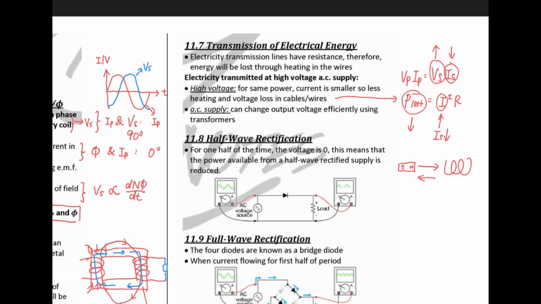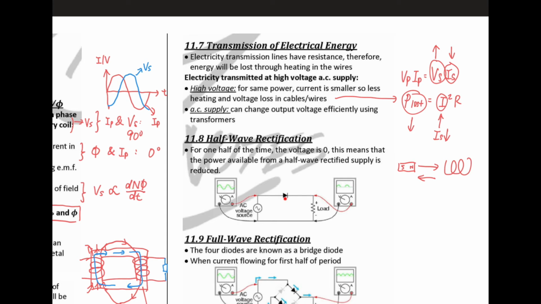Okay, how to change alternating current to direct current? The basic method is half wave rectification. Half wave rectification is where you keep the positive graph and cancel the negative graph. How do you cancel it? You use one diode.